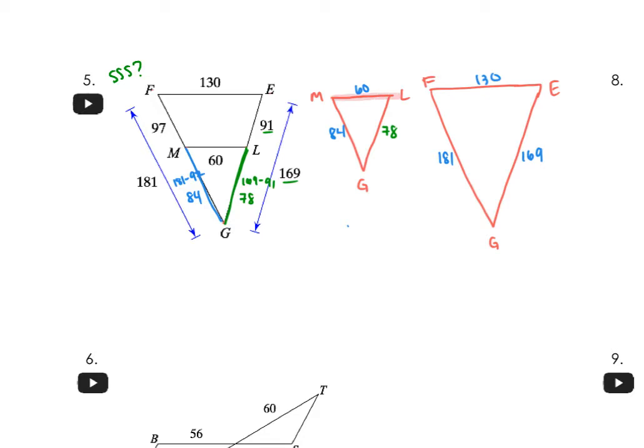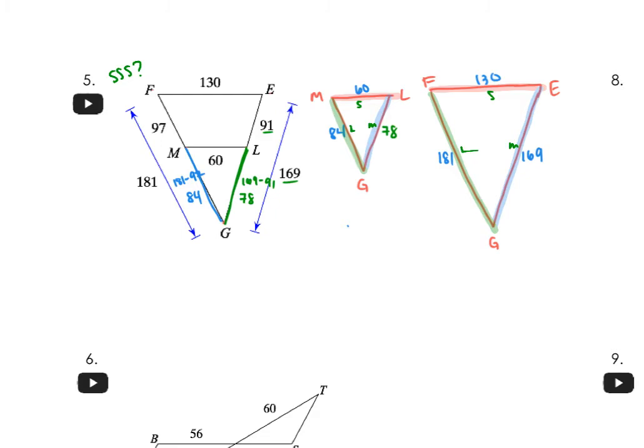So that's 60, and then in the bigger triangle, 130 is the smaller side. I'm going to highlight my medium side in blue, so that's the 78 and the 169. And then the long side is going to be highlighted in green. You could also just label them too: small, medium, large, small, medium, large, or long, whatever.